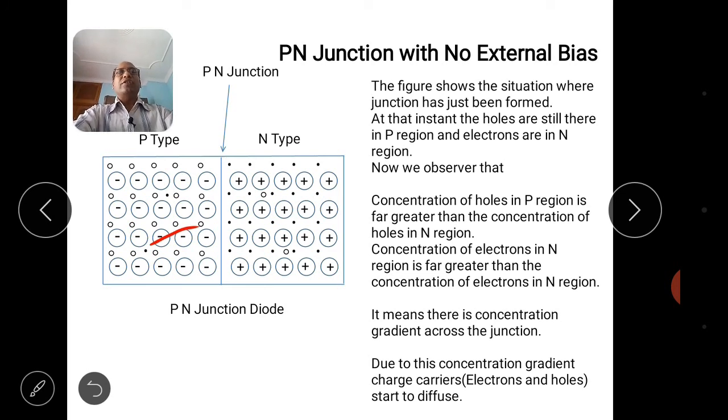Similarly, the concentration of electrons in the n region is far greater than the concentration of electrons in the p region. It means there is a concentration gradient across the junction. Due to this concentration gradient, charge carriers, that is free electrons and holes, start to diffuse.